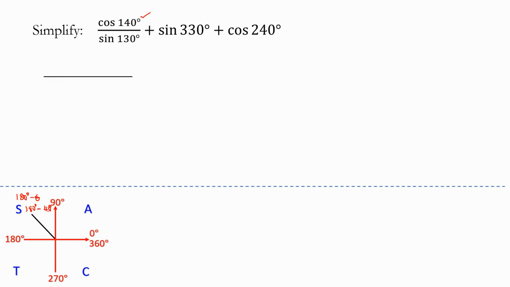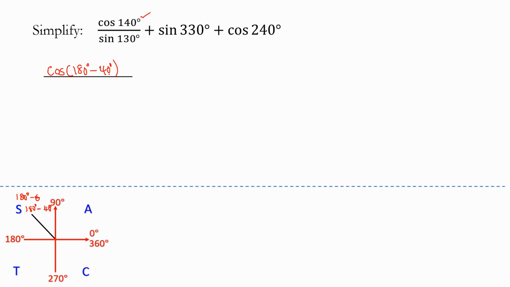Before we go further, let's write what we got so far: cos 140 degrees is the same as cos of 180 degrees minus 40 degrees, in the second quadrant.